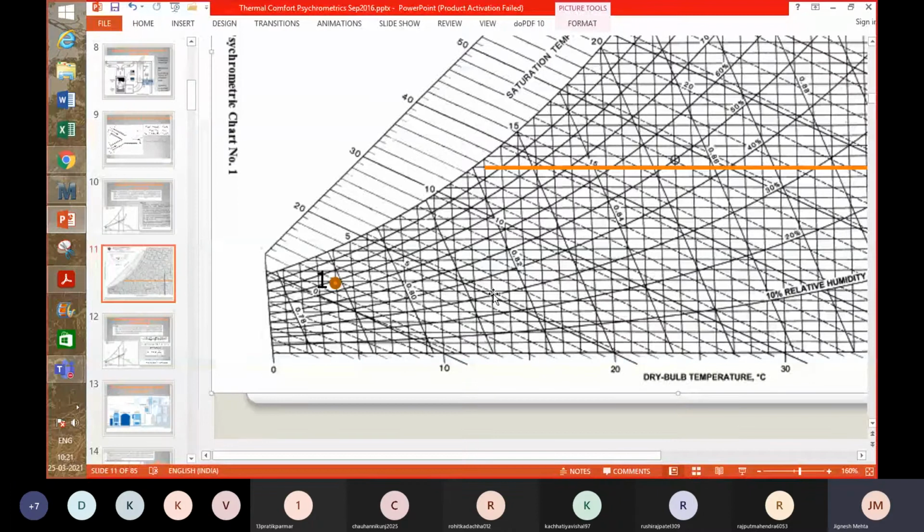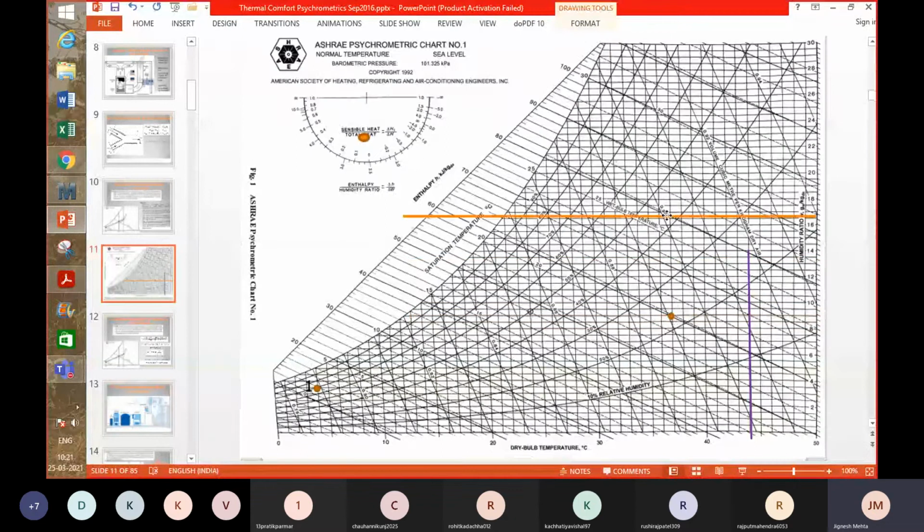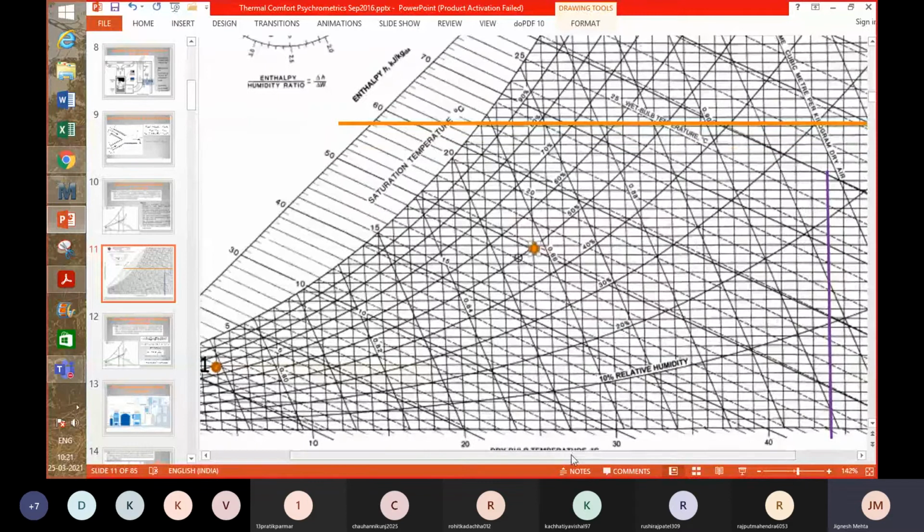Okay, now look at point 2. It is 25 degrees Celsius dry bulb temperature. So let's put this there: 25 degrees Celsius dry bulb temperature and 50% RH. So this is 25, and 50% RH is here. This is the second point.